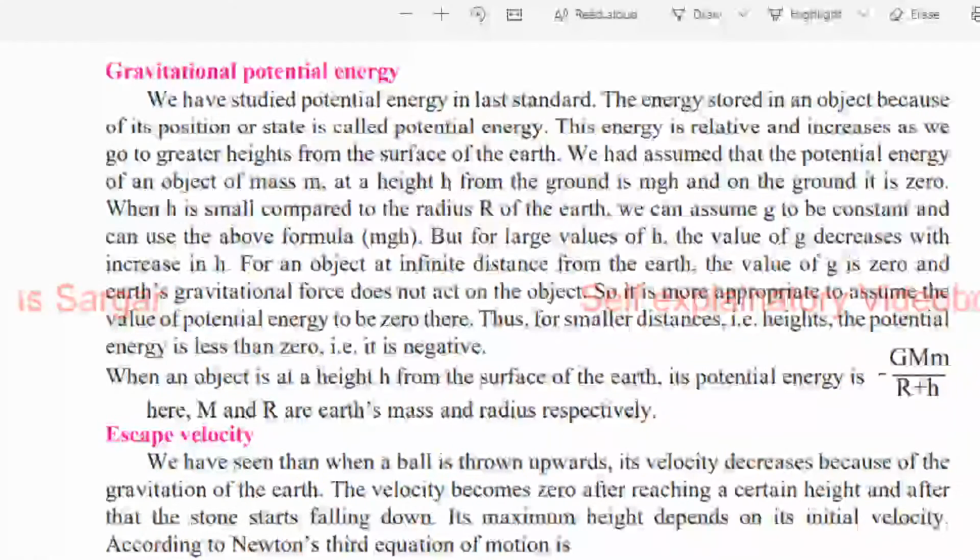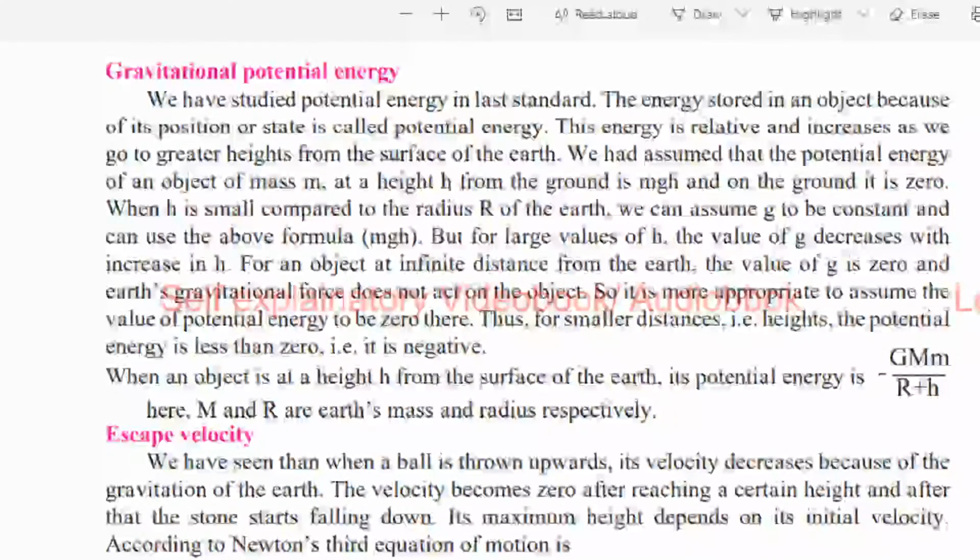We had assumed that the potential energy of an object of mass m at a height h from the ground is mgh, and on the ground it is 0. When h is small compared to the radius R of the earth, we can assume g to be constant and can use the above formula mgh.